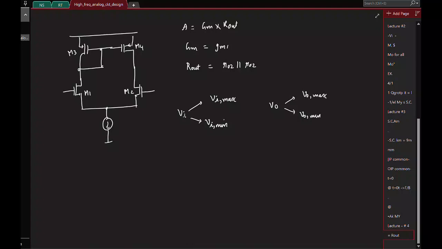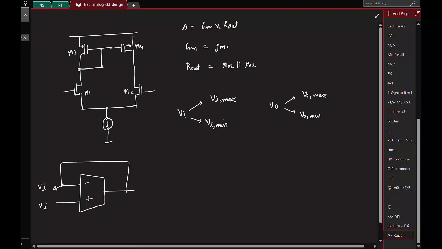Now, if this OTA were to be connected in some kind of feedback, say put in unity feedback like this, I know that if Vi is here, what will be this node voltage ideally? That will also be Vi, so this guy is also Vi, right?